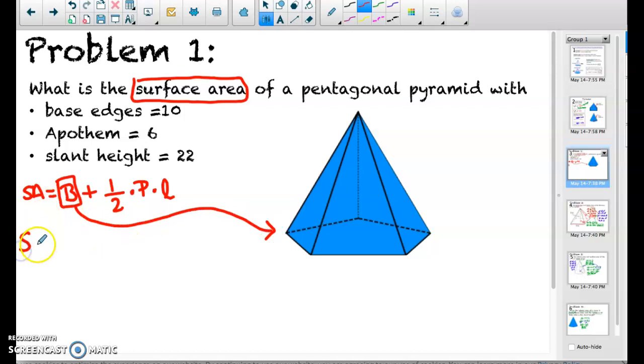So I know the area of a regular pentagon is 1/2 times apothem times perimeter, right? This was from week 1, 1/2 times apothem times perimeter. If you are confused on that, go back to week 1 and rewatch that video for review. And then we have plus 1/2 times perimeter times slant height.